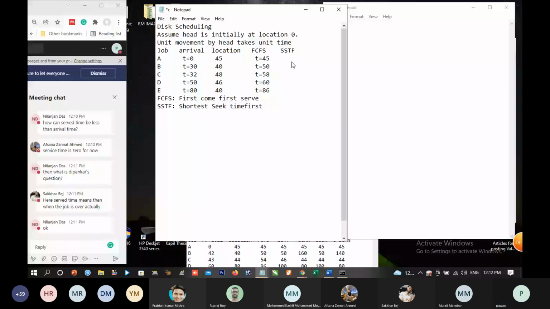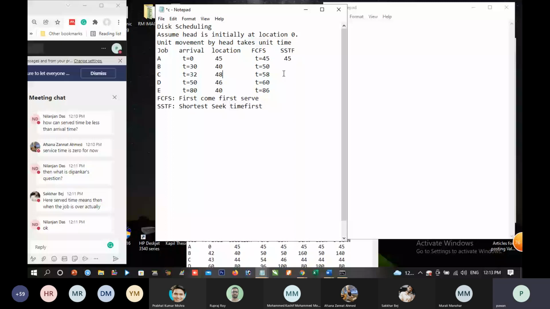By the time t equal to 45, two jobs are available, 40 and 48. We have provided the service to the first job at time t equal to 45. From 45, 48 is nearer. So we shall move 3 unit distance and we shall serve it.